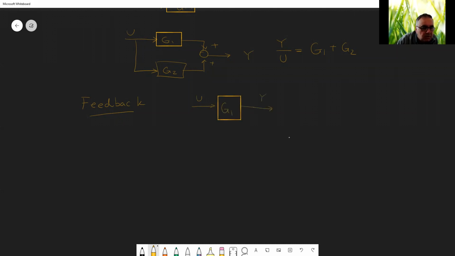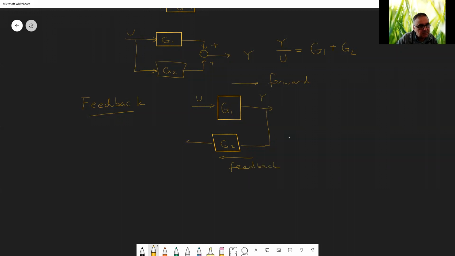This is Y. Usually you go from left to right in the forward direction. This is forward. But there are cases, actually in feedback systems, where we usually take a measurement and feed it backwards. Let's say this is G2. This is backwards, or in the feedback direction.